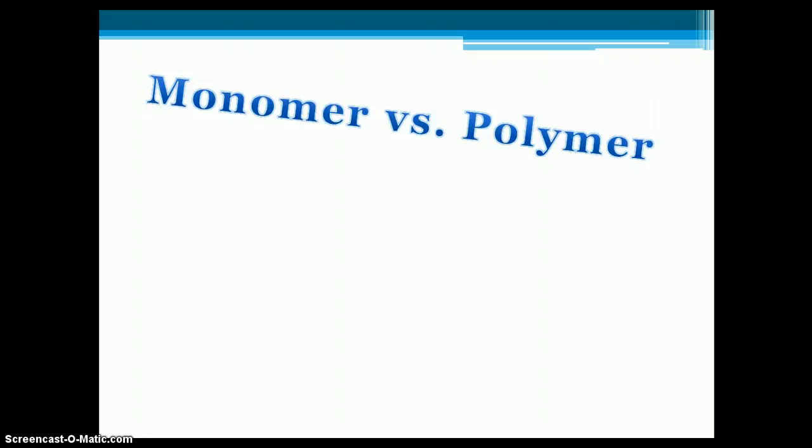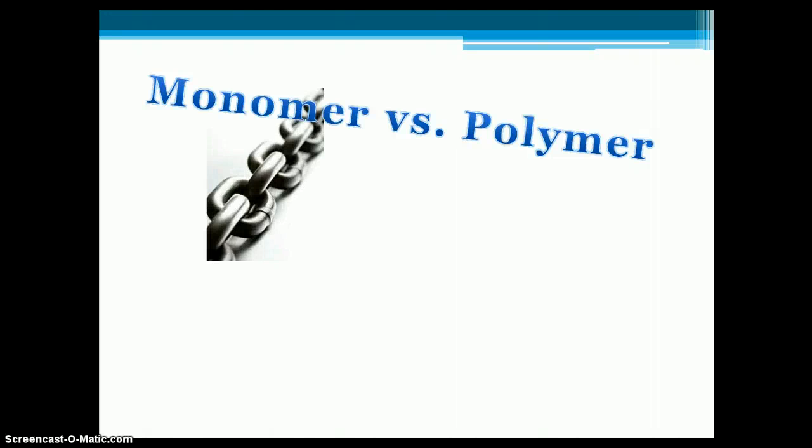Alright, so now let's move on to monomers versus polymers. Sometimes this is kind of a hard concept for people to understand. Monomers are the building blocks. I like to compare monomers and polymers to a chain. The links of the chain would be the monomers, so each link is a monomer, but the chain as a whole would be a polymer.